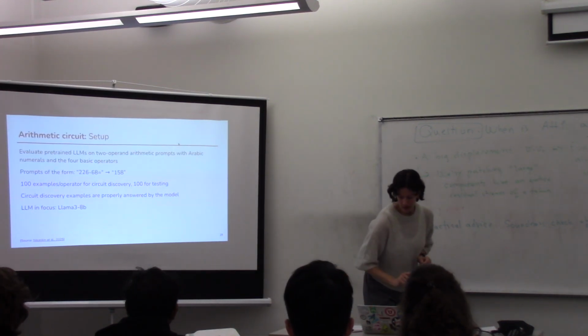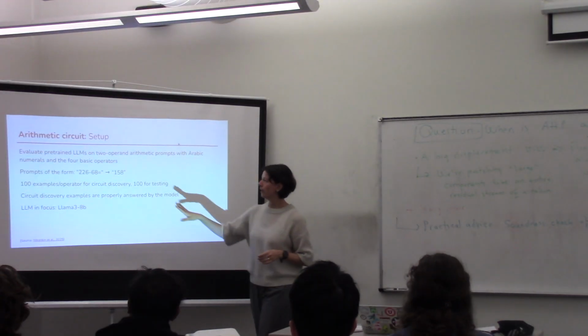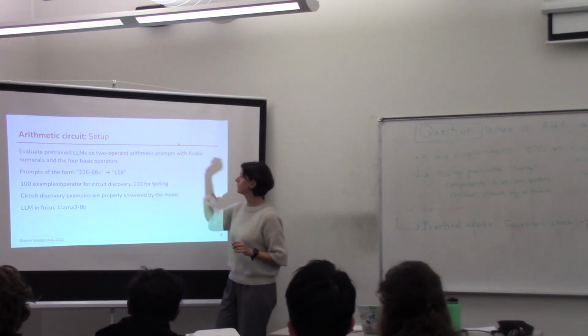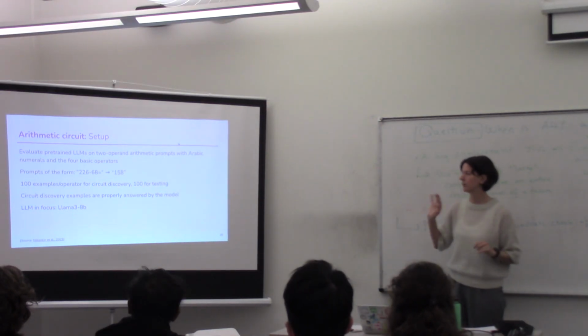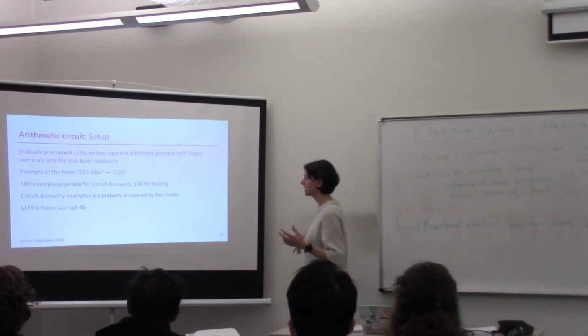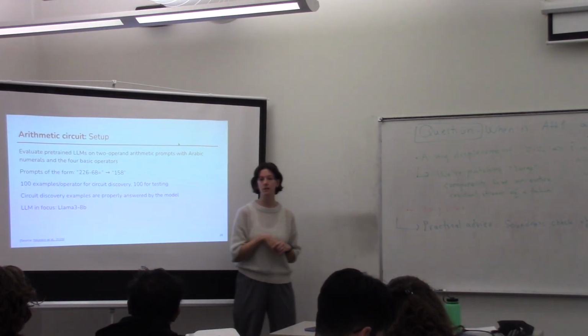Now, the setup in this paper is they are going to evaluate LLMs on two-operand arithmetic prompts with Arabic numerals and four basic arithmetic operations: minus, plus, divide, multiply. All of the prompts are going to be of this very simple form.